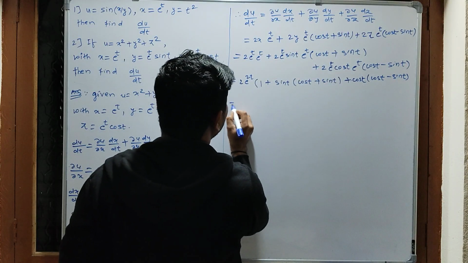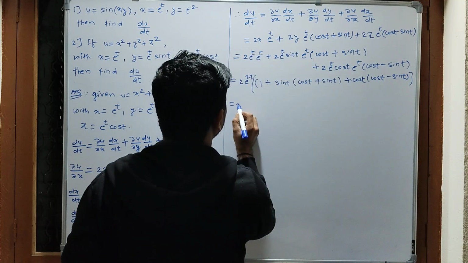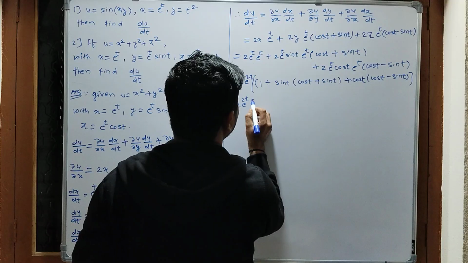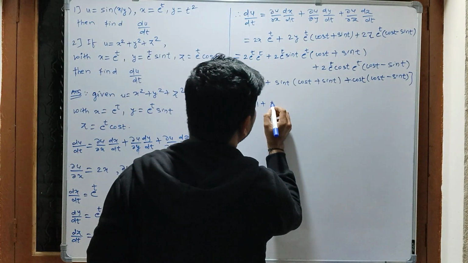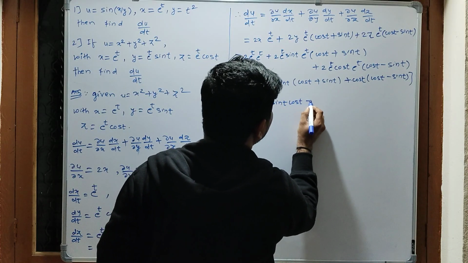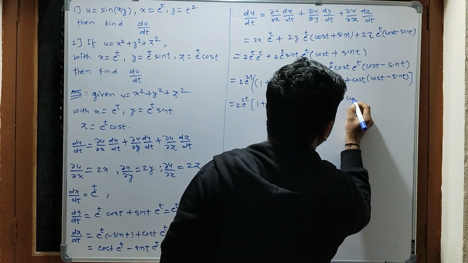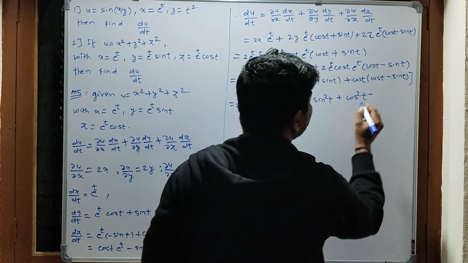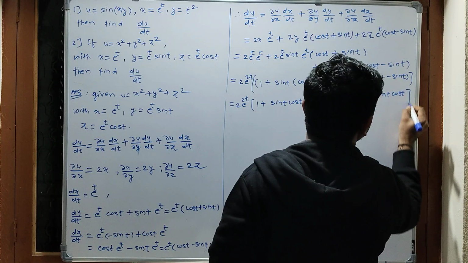Now which is equal to 2 times e to the power 2t in bracket 1 plus, multiply this out: sin t cos t plus sin square t plus cos square t minus sin t cos t.